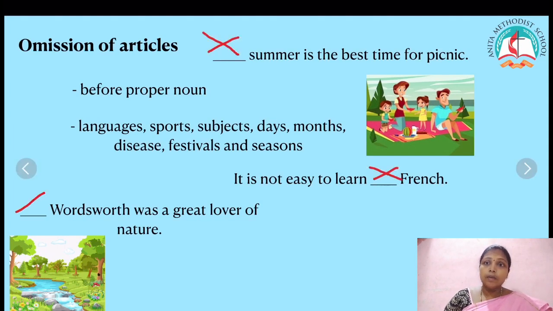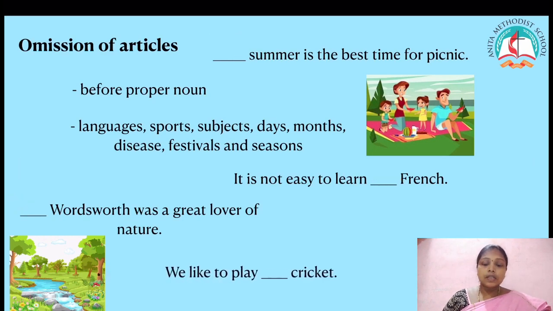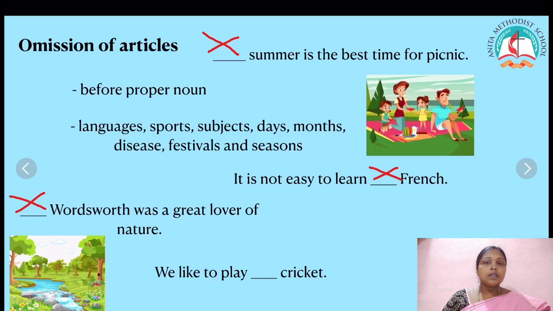Before a name we have to avoid articles. So there is no article before a proper noun. One more example: We like to play cricket. Again, cricket is a sport, so before sports we should avoid articles. So these are the places where we should avoid articles.